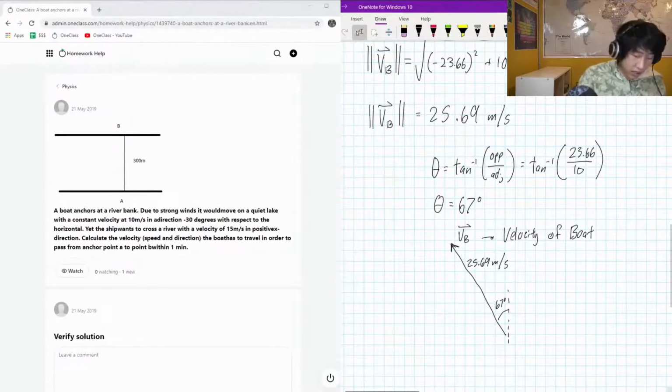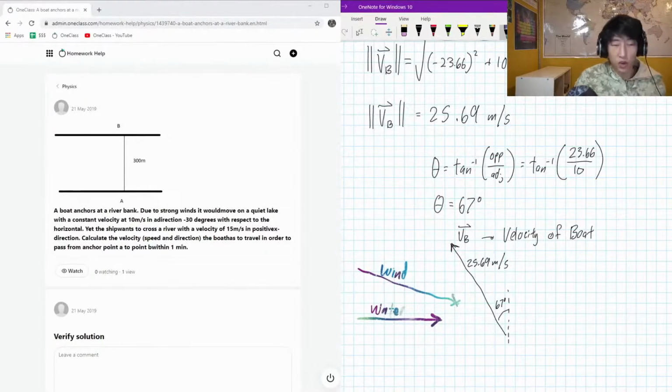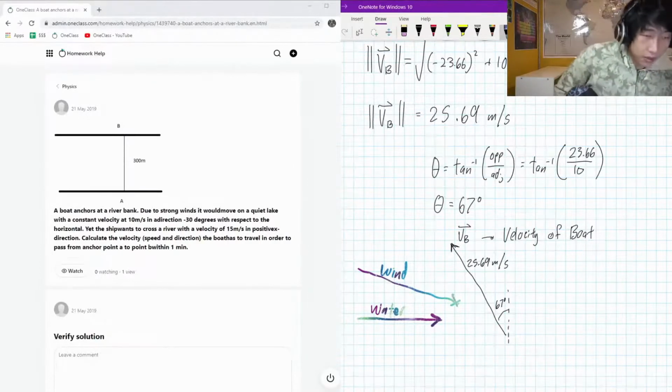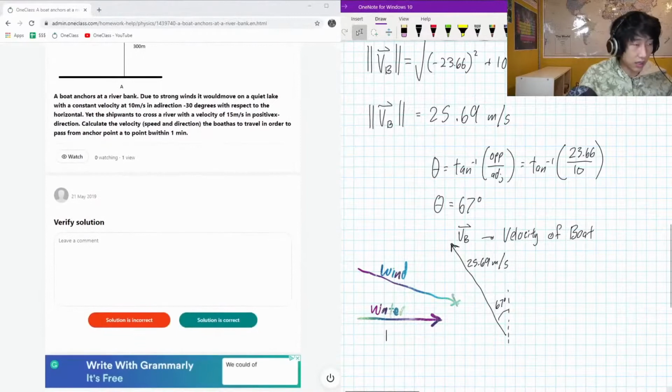Like we have wind going this way. Wind, maybe let's draw that as blue. Wind, we have water going this way. So it makes sense that we will need to go against the wind and the water, and we need to counteract their velocities in order for our boat to travel directly across the stream. Okay, so yeah, this would address this question. I thought that was a really fun time, so let's mark this question as good and keep it moving.